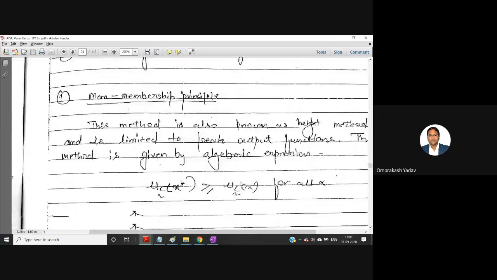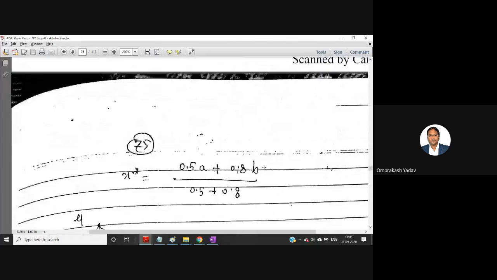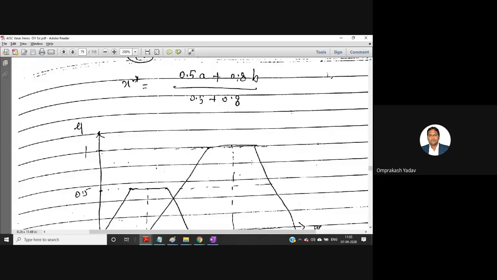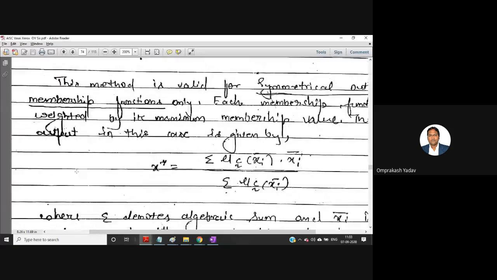Finished, all of you? Okay. Now the third point I gave you is the weighted average, to calculate by weighted average.